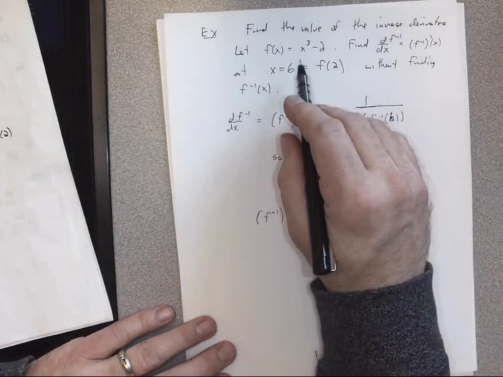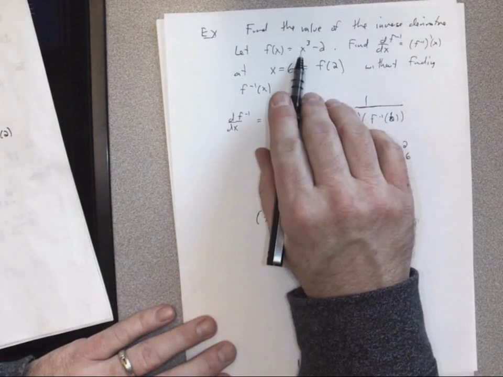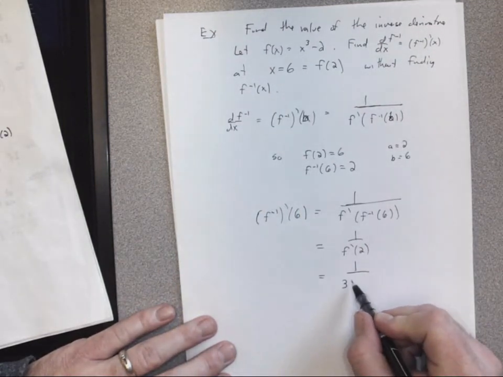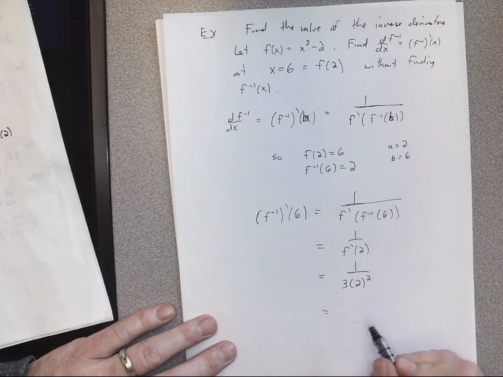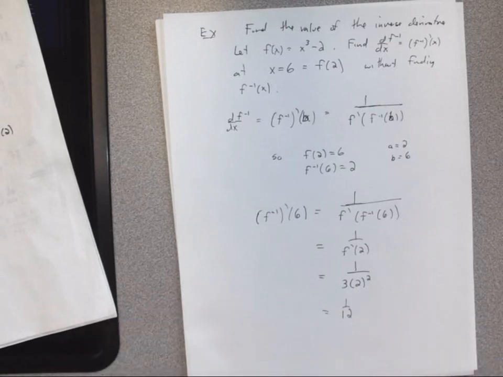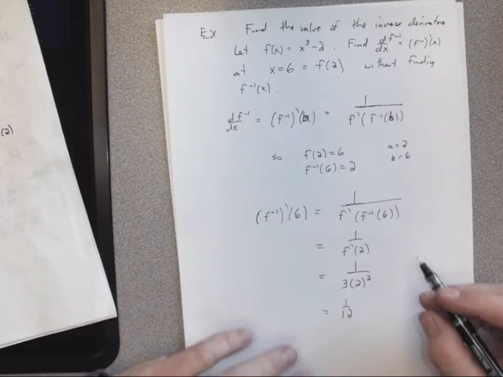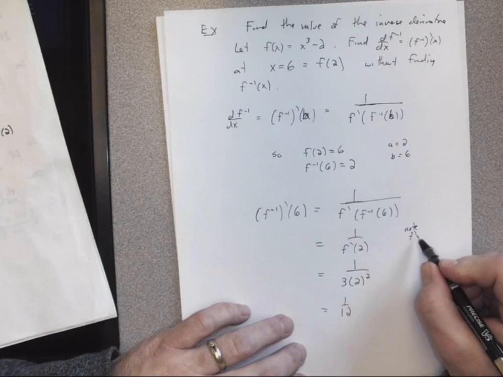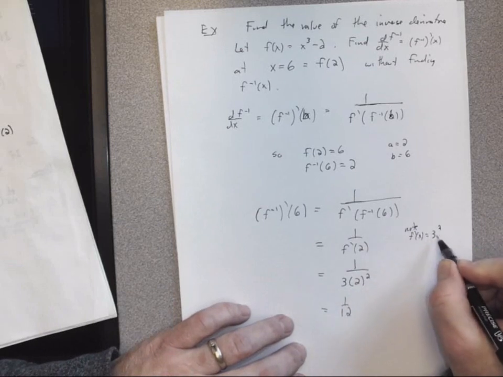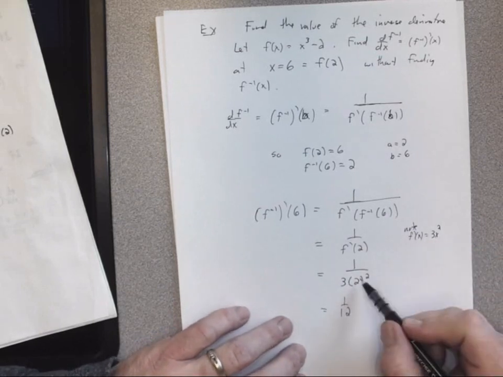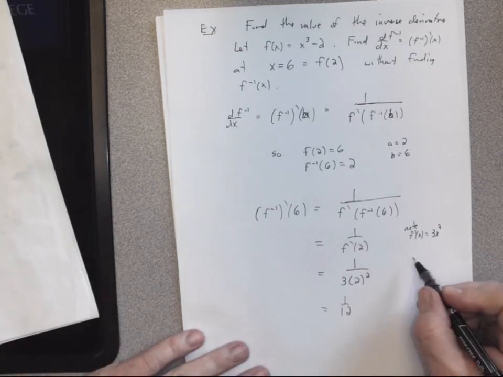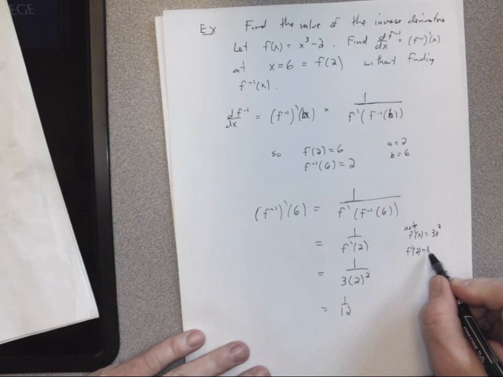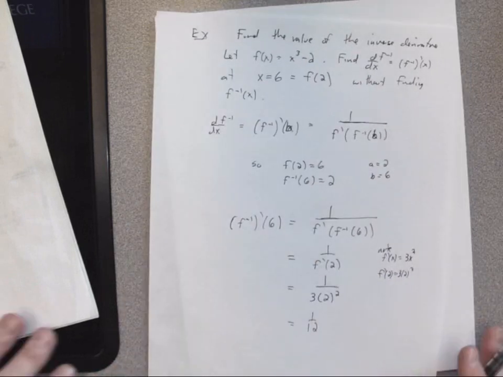So I know the derivative of this function is going to be 3x squared. So this is 3x squared, where x is 2. So this is going to be 1 over 12. So note, f prime of x is equal to 3x squared, right? So just plugging that in here evaluated at 2. So that means f prime of 2 is equal to 3 times 2 squared. That's where I got that from.